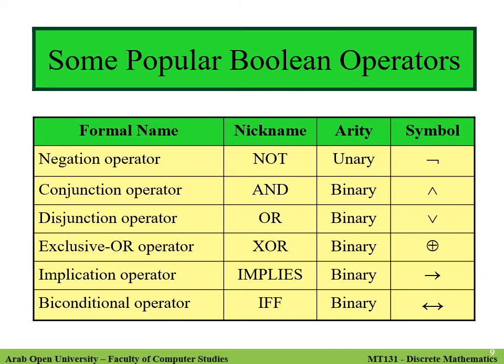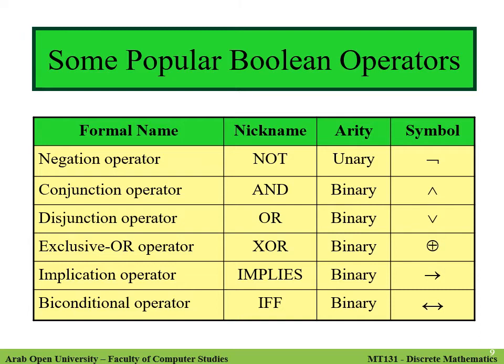The next one is the disjunction operator. The short name is or. This is a binary operation, and the symbol we use for it is similar to the number 7 in Arabic. Next is the exclusive or. We say XOR for short, a binary operation. The symbol for it is what you see here. This is like a circle with a plus sign inside it.